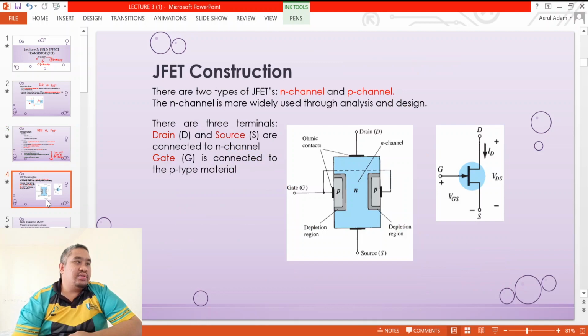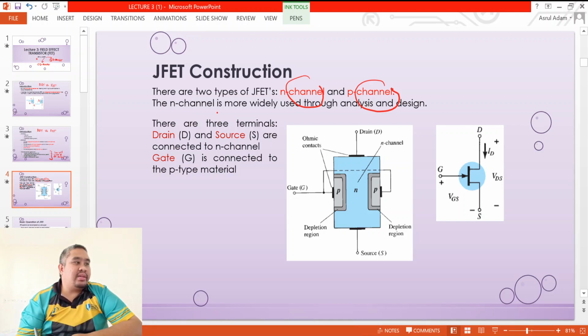So, JFET construction. How does a JFET look like? As usual, there are two types of JFET: the N channel and the P channel.